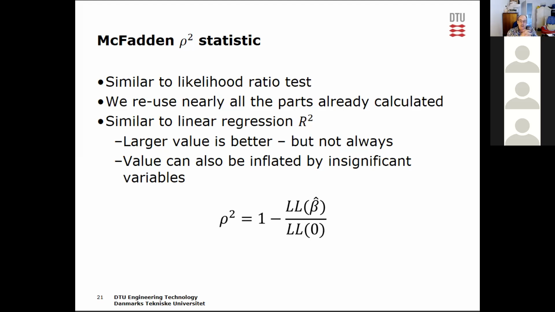So when LL beta hits 0 in this theoretical, magical place, your model is so perfect, and the LL0, the LL null, is some big number, then that fraction becomes 0, and then this thing goes to 1.